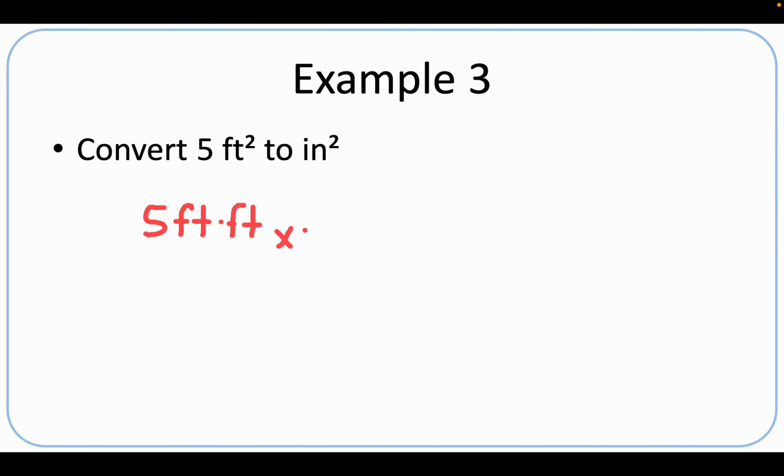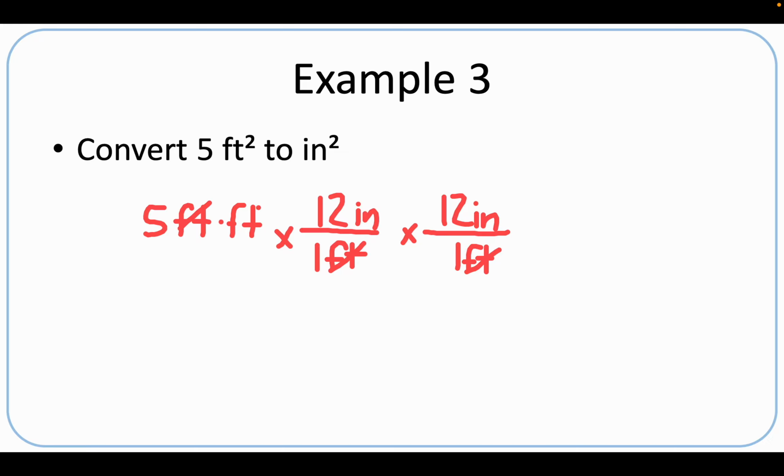So the first one I'm going to do is 1 foot is equal to 12 inches. So that'll cancel out one of these feet, but I still have another foot to cancel out. So we're going to do another conversion where 1 foot per 12 inches. And that cancels out the second foot there.